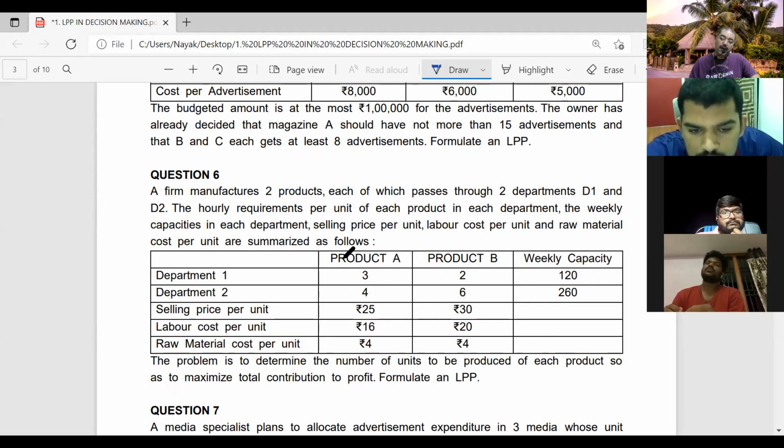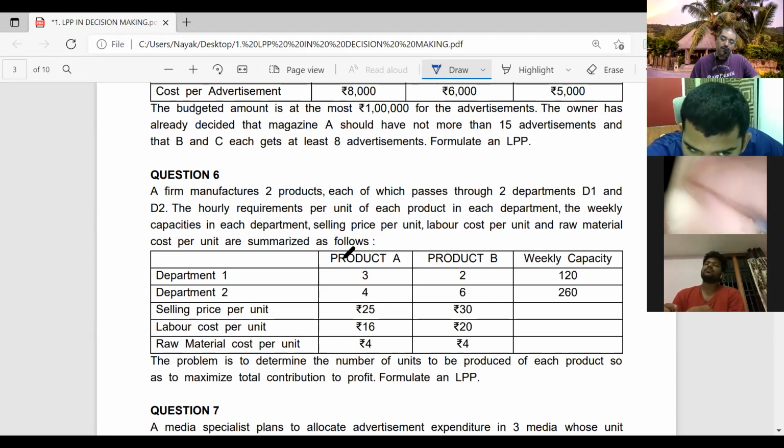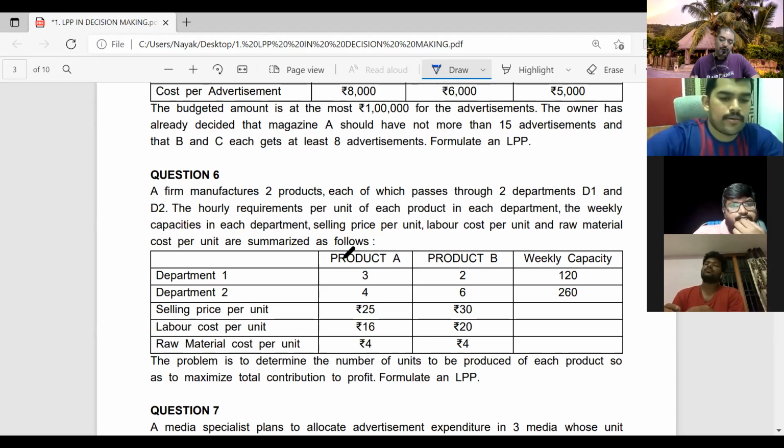Department 1: 3, 2, and 120. 120 is the weekly capacity. Department 2: weekly capacity 260. Selling price per unit, labor cost per unit, and raw material cost per unit is given. The problem is to determine the number of units to be produced of each product so as to maximize total contribution to profit. Formulate an LPP. So do it and tell me.